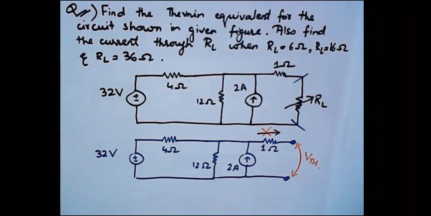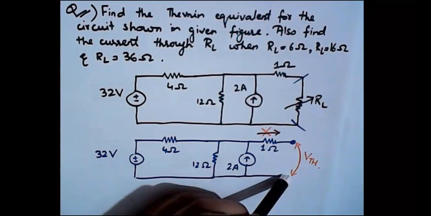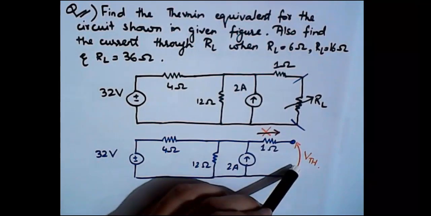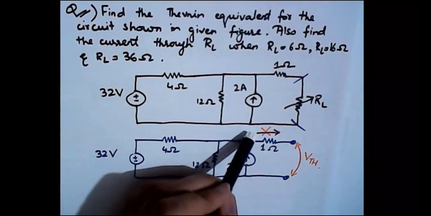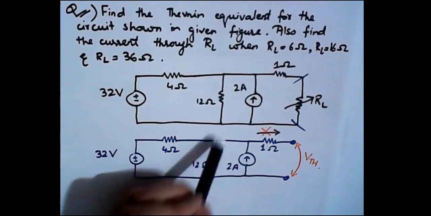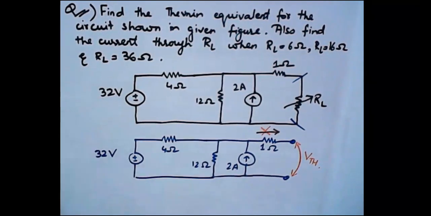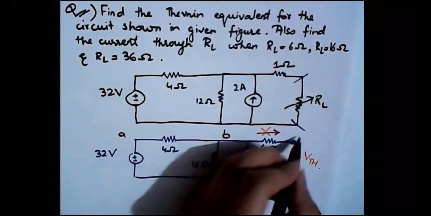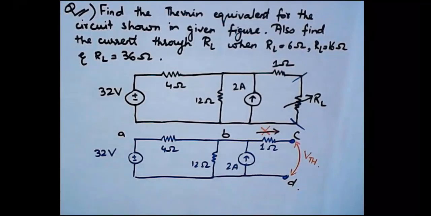I am repeating it again, that once these terminals are open circuited, then the 1 ohm resistance will not bear any current, which means, now this is very typical, please understand it carefully, that the voltage appearing between the load terminals will be the same as the voltage appearing at this node. Let's name it as node A, node B, node C, and node D as the reference node.